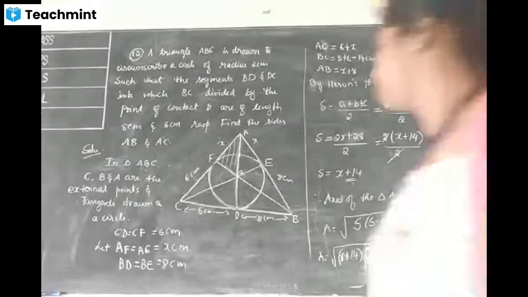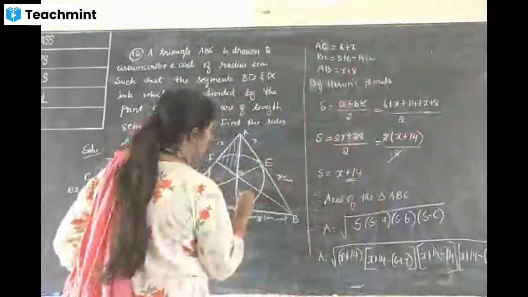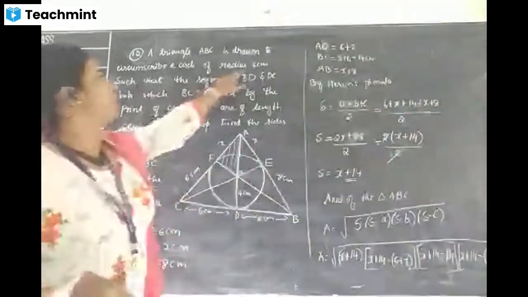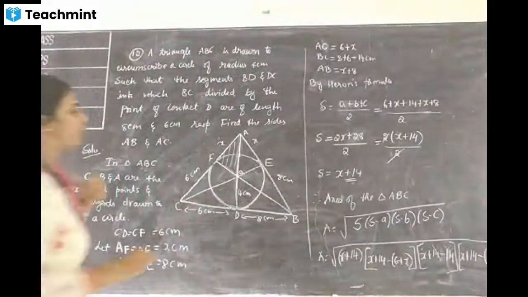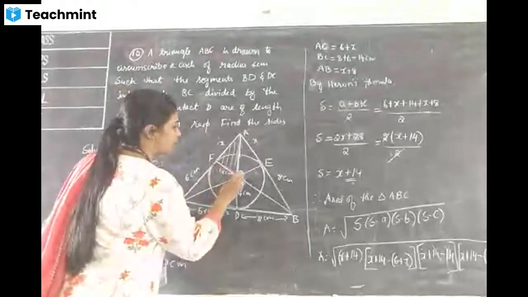The radius is 4 centimeter, given here as 4 centimeter. So everywhere we have the radius. This is the radius.